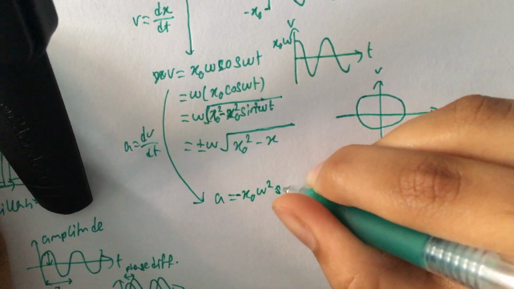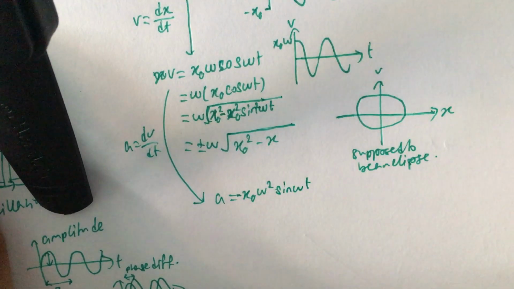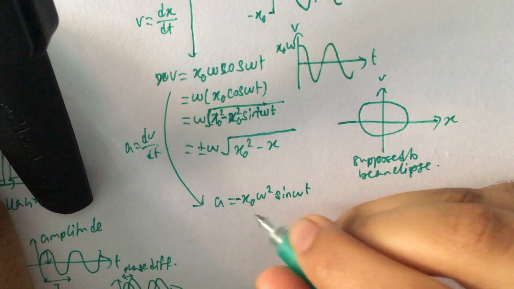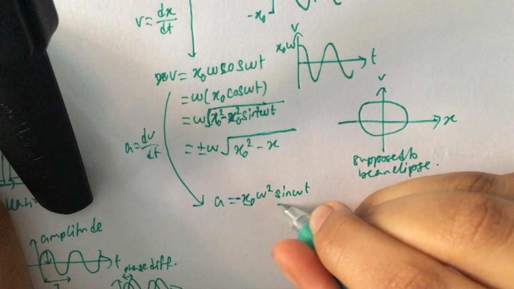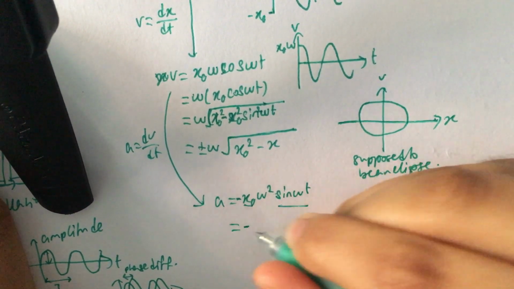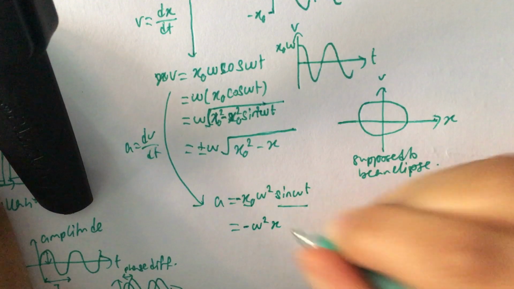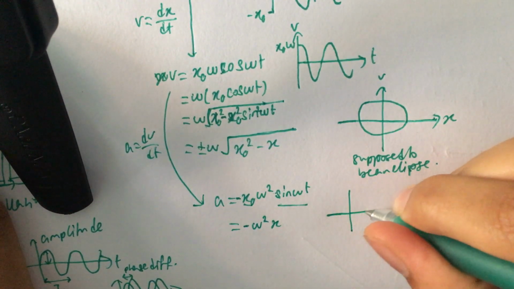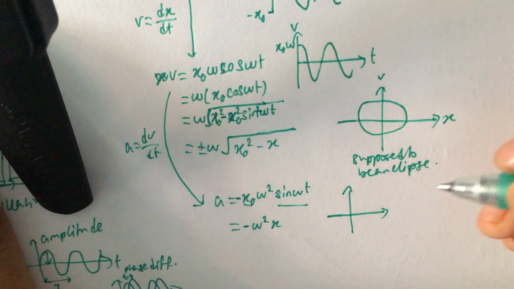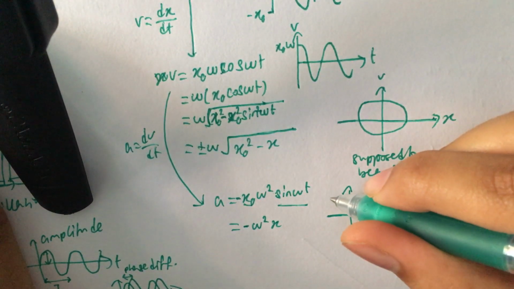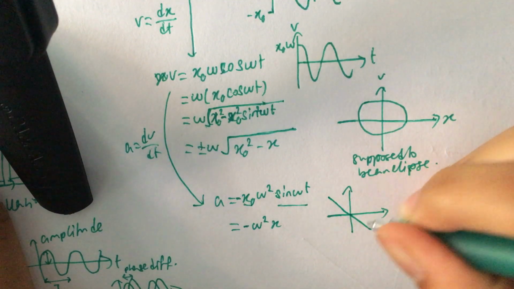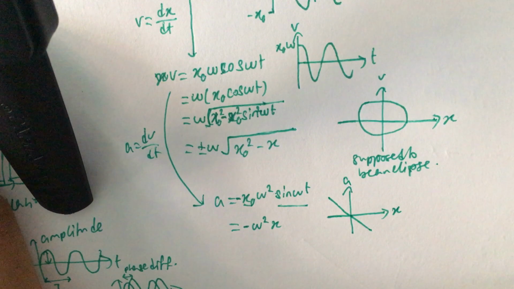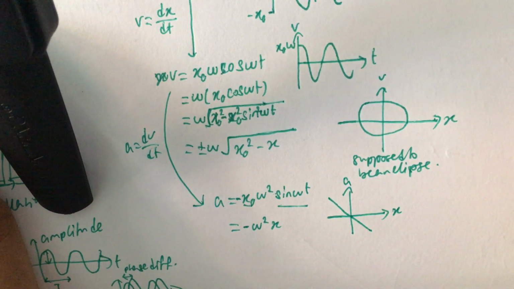Well, we can relate it back to what x is, right? x equals x naught sine wt, and your acceleration is x naught w squared sine wt times a negative sign in front. So the only difference between the acceleration and x itself is the negative w squared, and from there you can get the equation: acceleration equals negative w squared times x. Yay, we did it. I took way too much time for that. Okay. Now let's move on.